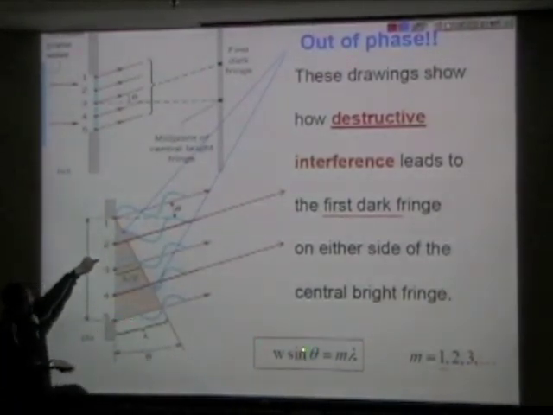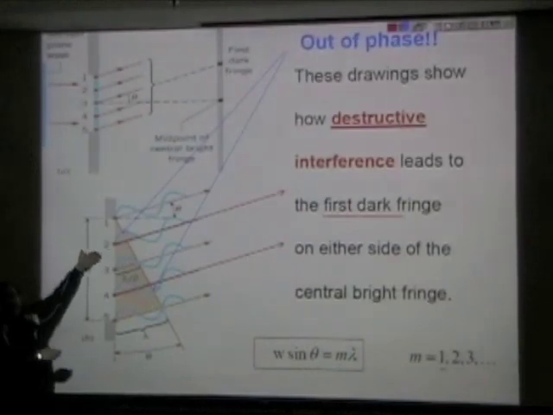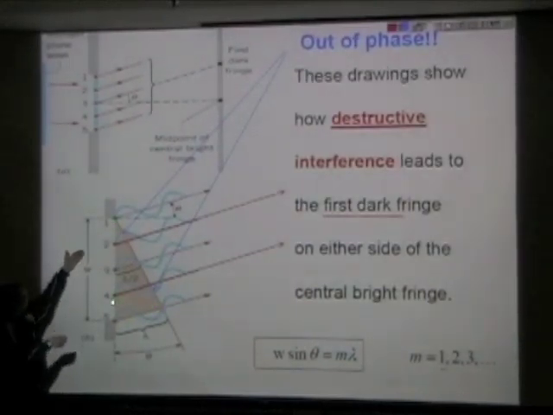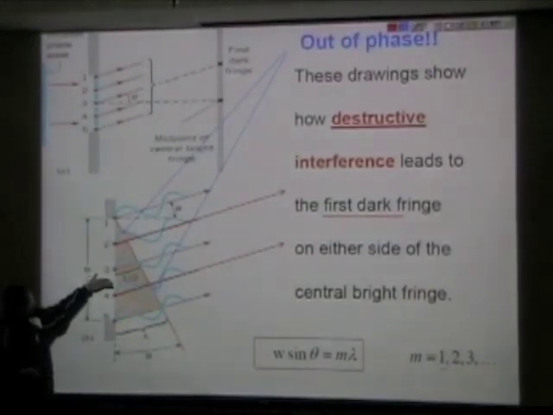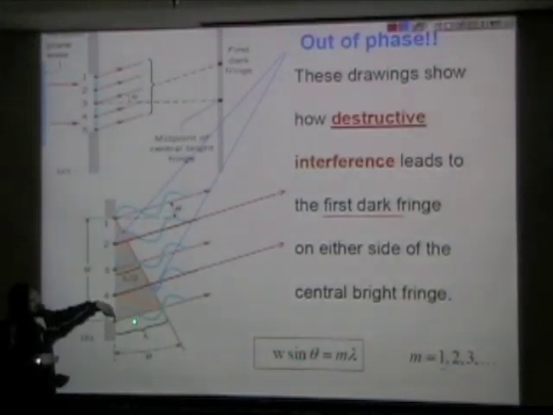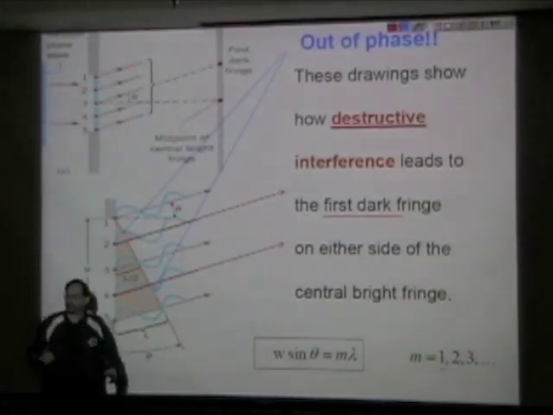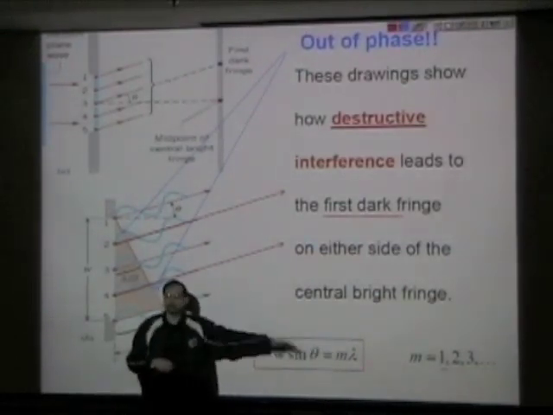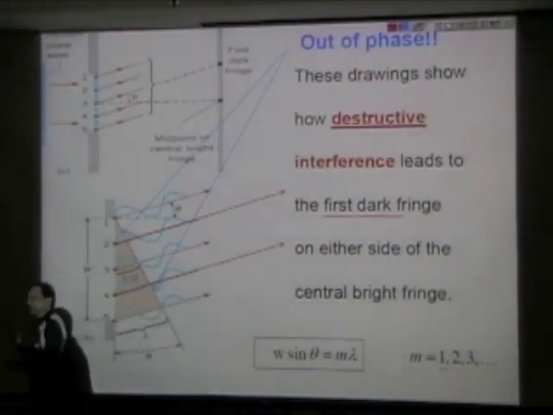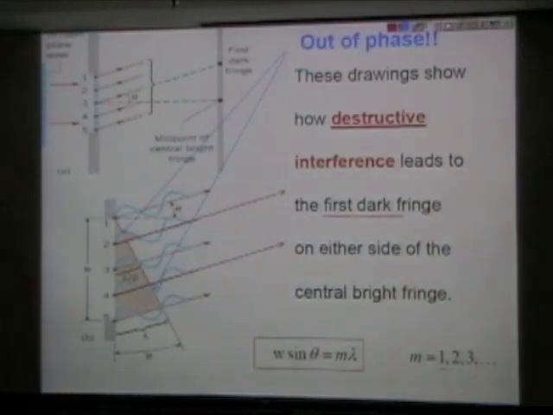This condition is basically, again, the application of a right triangle. The hypotenuse, the angle: we calculate this side of the triangle as hypotenuse times the sine of the angle, and as long as we can fit an exact, integer number of wavelengths, that direction represents the direction of the complete cancellation of light, of the minimum.